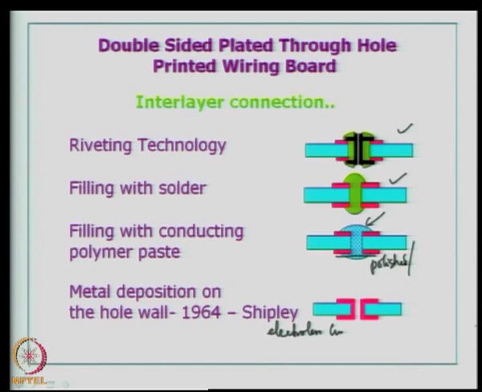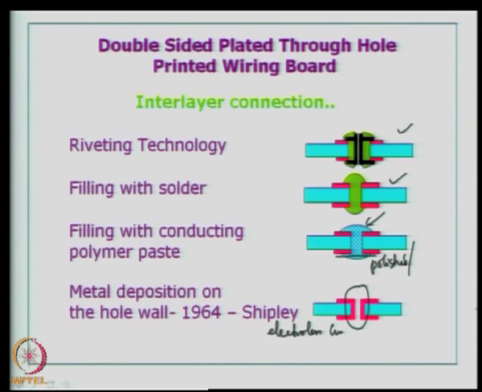You can see a number of papers, and this became a revolutionary idea in the electronics industry, because you can deposit a very thin layer of copper by electroless and furthered by electroplating means to get a very reliable hole wall, and modifications and improvements in these technologies until today have made this process essential.